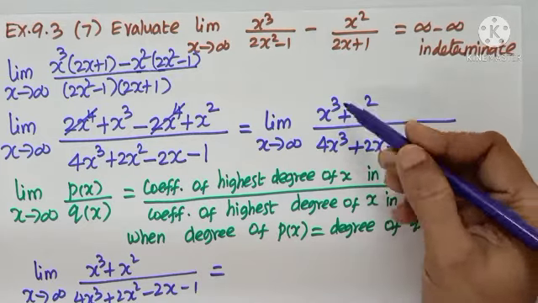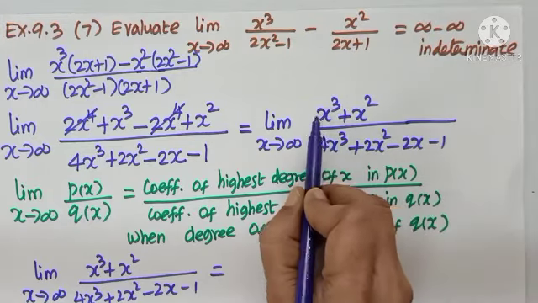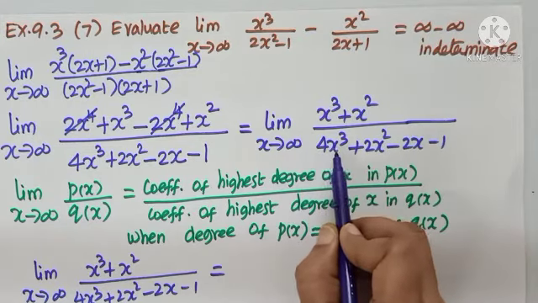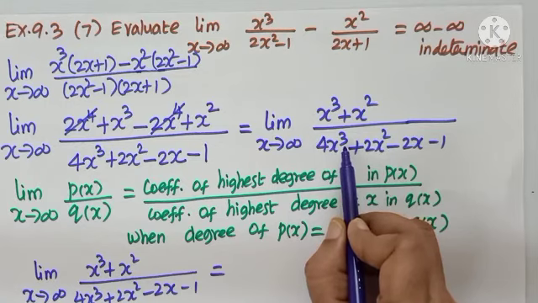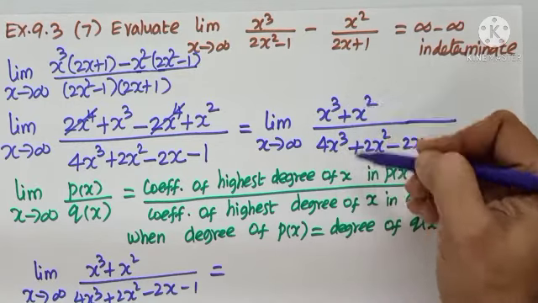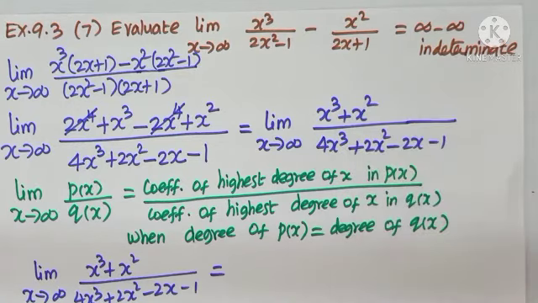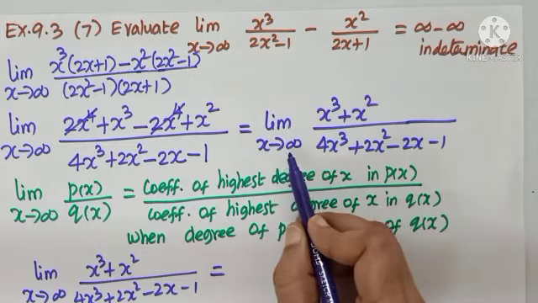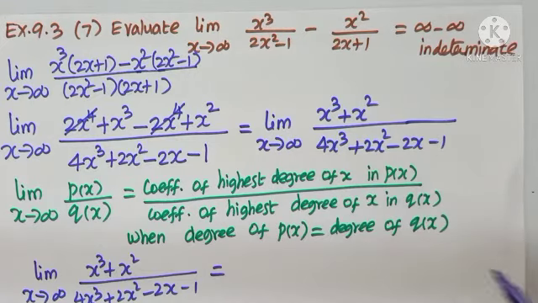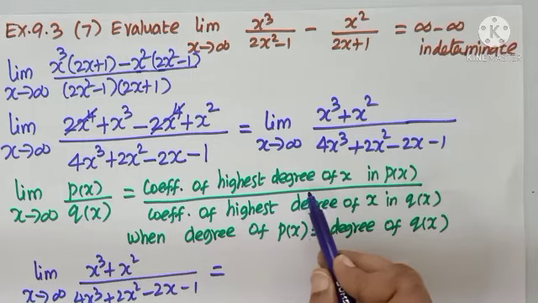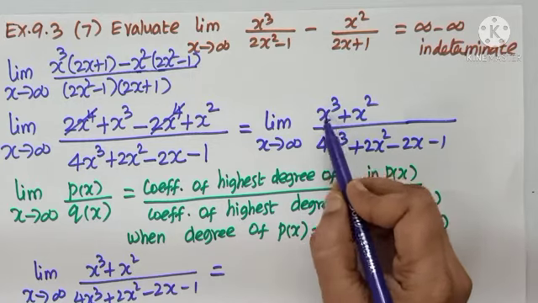As I check the degrees, the numerator highest degree is 3, the denominator also has highest degree 3. So we check the degrees are equal. Whenever the degrees are equal in a rational expression and limit x tends to infinity, our answer is the coefficient of the highest degree of x here.